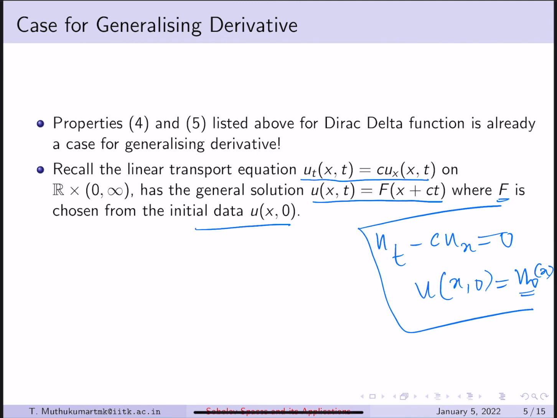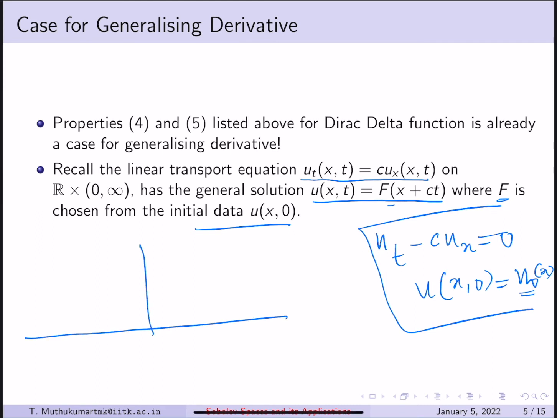If you have come across the method of characteristics, you will know that this is the solution. This is a general solution if you ignore the initial data, and with the initial data you obtain this f.